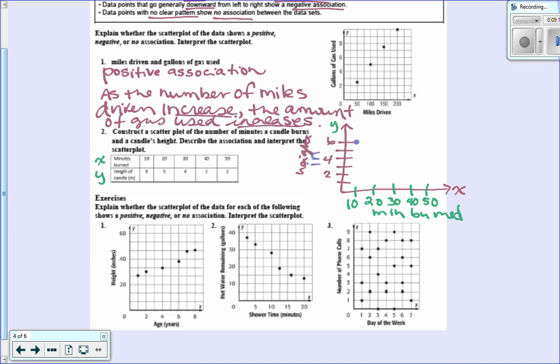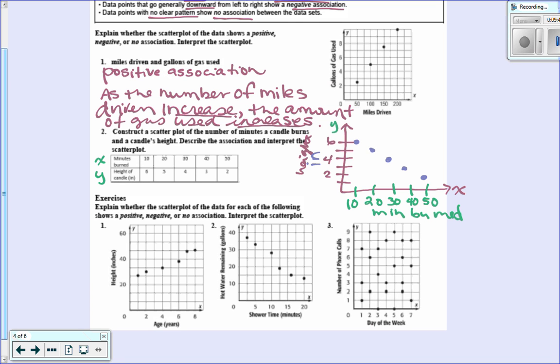And then in 20 minutes, it's 5. In 30 minutes, it's 4. At 40 minutes, 3, and at 50 minutes, it's 2 inches in height. There we go.